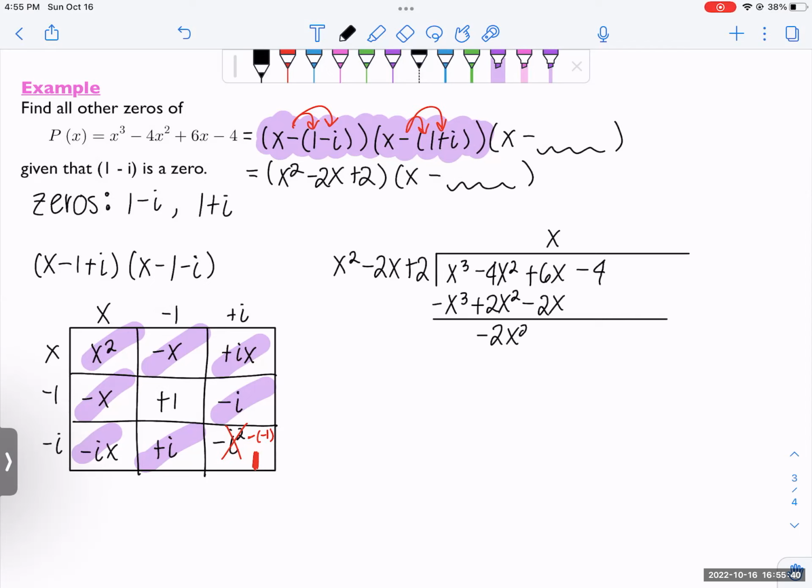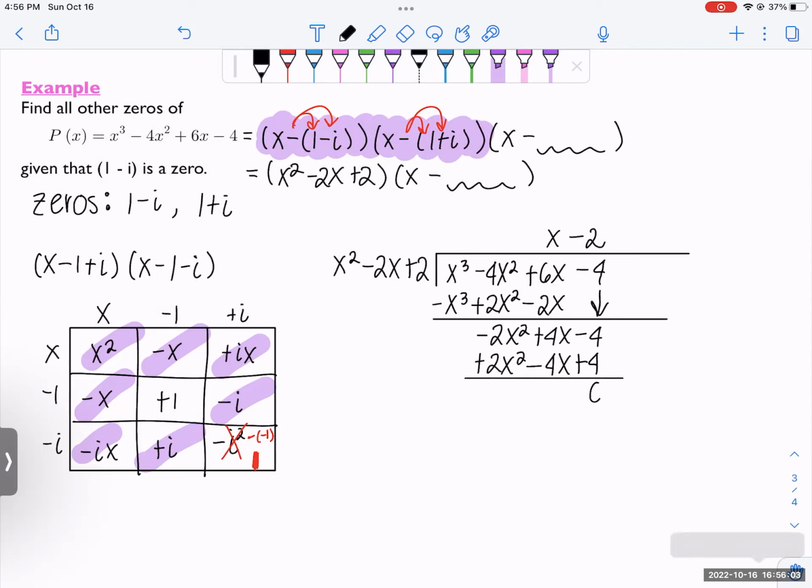Negative 2x squared plus 4x minus 4. Negative 2x squared divided by x squared is negative 2. So we're going to get plus 2x squared minus 4x plus 4.